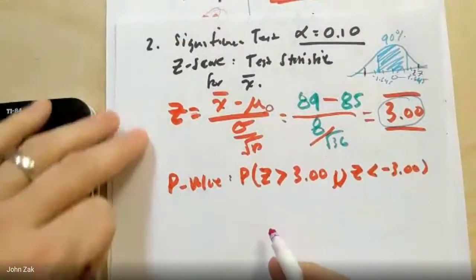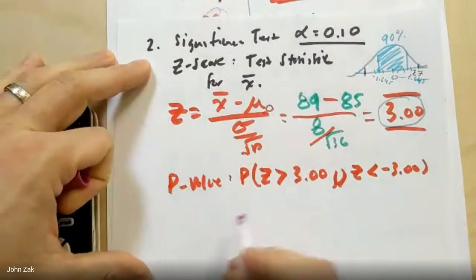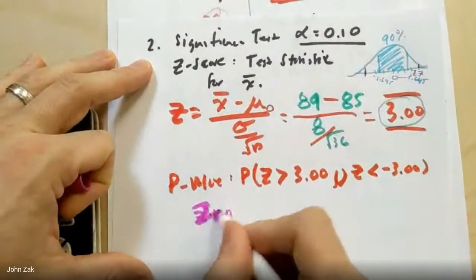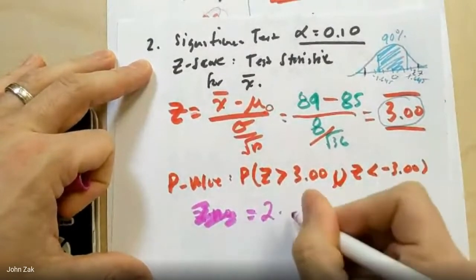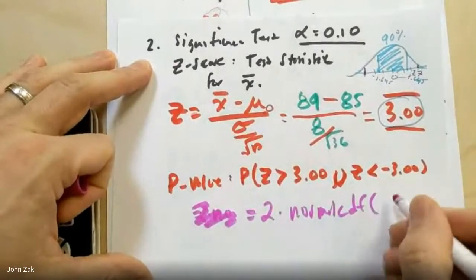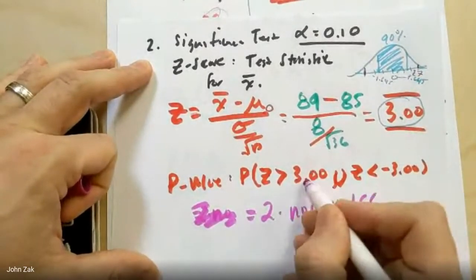So very good. When I calculate my p-value, I could use normal CDF. I'm going to double, actually. This will equal 2 times what I'll get in normal CDF for just one of these guys. I'll focus on the positive.